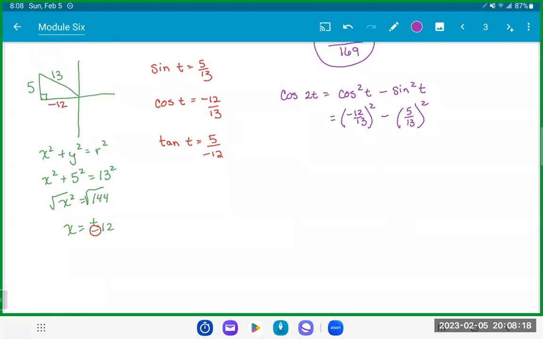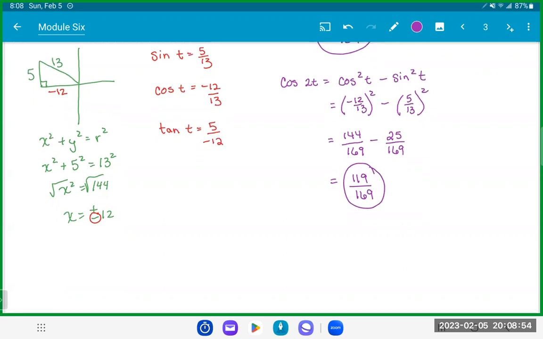So this is going to give me negative 12 times negative 12 is 144, 13 times 13 is 169, minus 5 times 5 is 25, over 13 times 13 is 169. Now they have a common denominator, so all I have to do is add them together. So 144 minus 25 is 119, and they have their common denominator of 169.